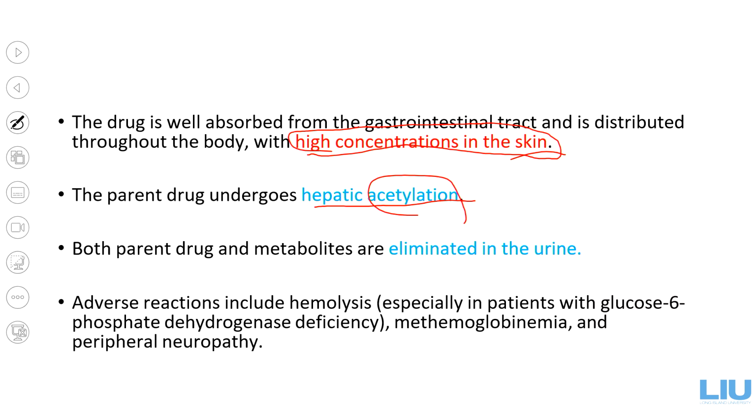It's eliminated in the urine, so if somebody has renal failure, you want to keep that in mind. Adverse effects include hemolysis, especially for those with glucose-6-phosphate dehydrogenase deficiency, methemoglobinemia, and peripheral neuropathy. Again, I won't expect you to know the side effects. It's too much so far.